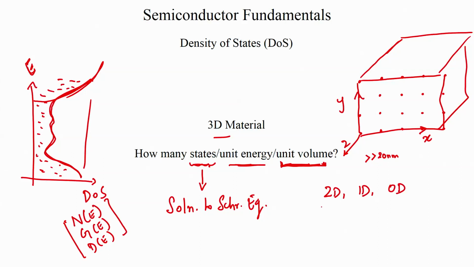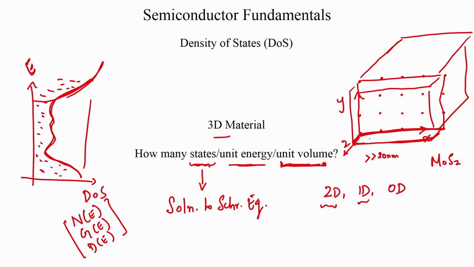Now, what do you mean by a 2D material? It is quite large in 2 dimensions, but quite thin in the 3rd dimension. You might have heard of 2D semiconductors, for example molybdenum disulfide or graphene. A 1D material is something that is thin and long, like a little wire.